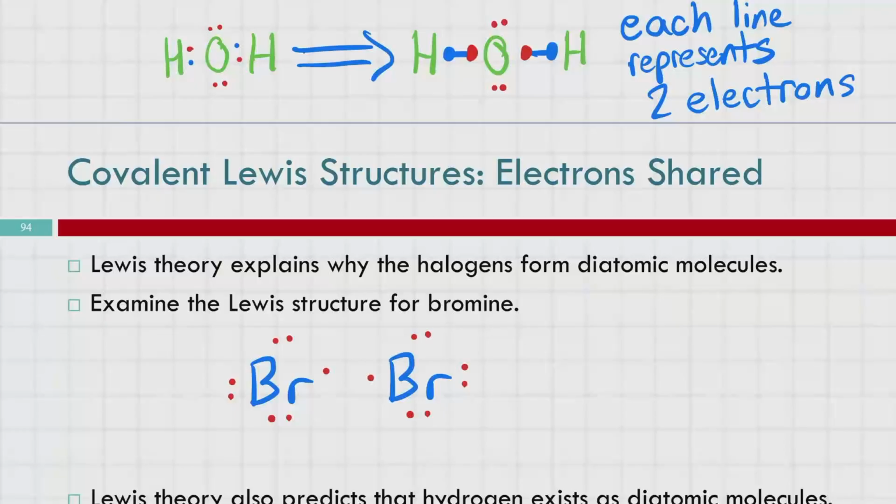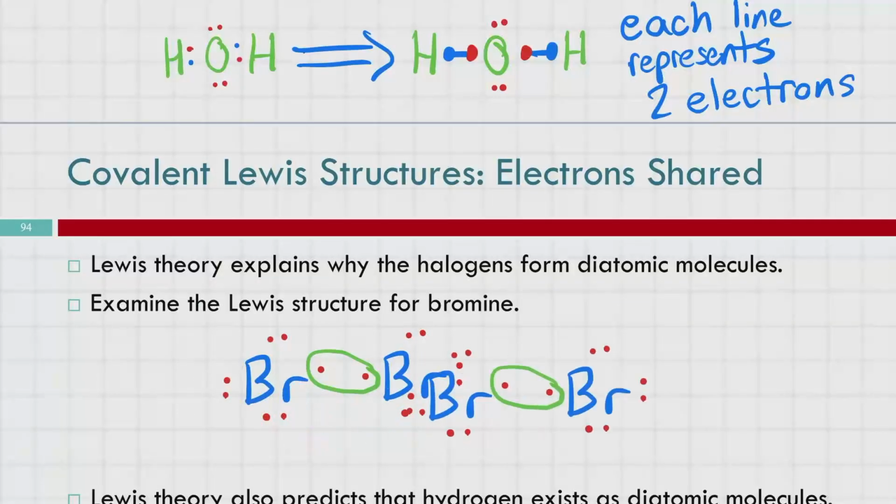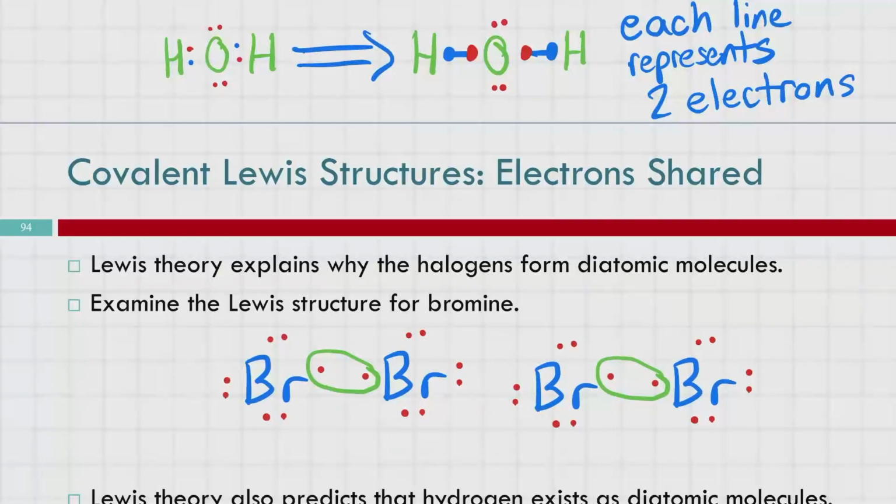Now, if bromine gets in a fight with another bromine, there's no winner, right? They're the same thing. So we can't steal electrons, but we can use the power of friendship. We can share those electrons. And so what this turns into is, swap out that for 1 line.